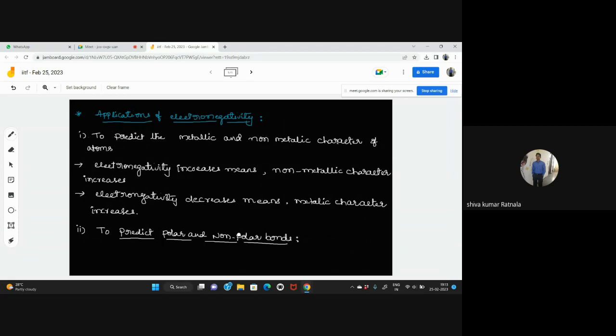Between two similar atoms, there is no electronegativity difference.